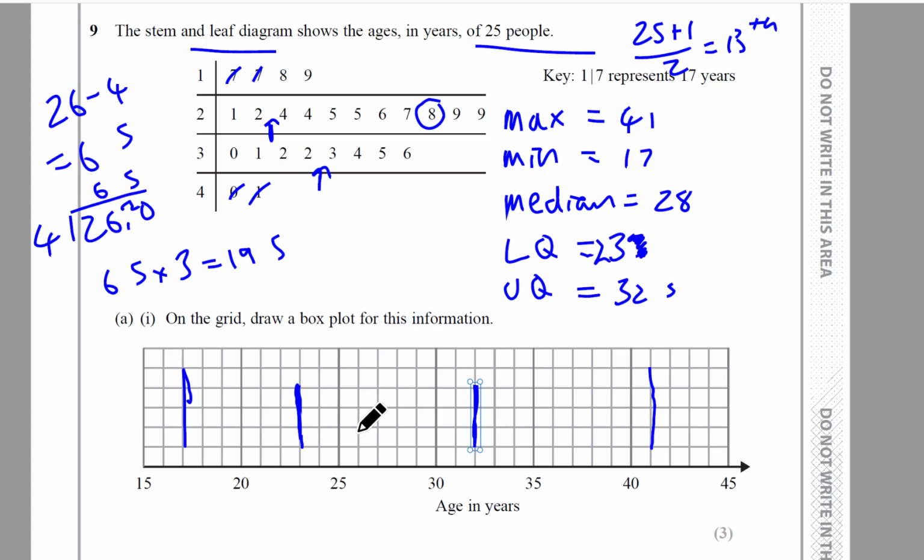And the median is 28. Now obviously use a ruler. I mean, ideally I would have got the lines to line up, but that will get you the marks, and that's quite easily done.